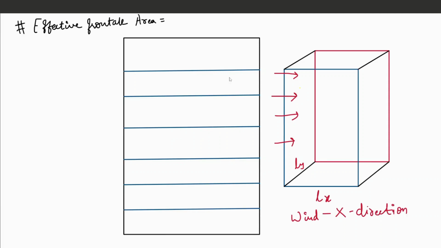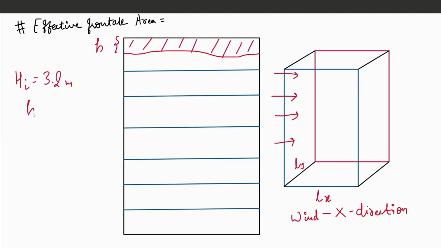So the frontal area, if we talk about the top story, then this will be the frontal area. This is your distance, height, let's say small h, and if the story height is your capital Hi, that is nothing but your 3.2 meters. If we take our example, then h will be half of 3.2, so that is 1.6 meters.